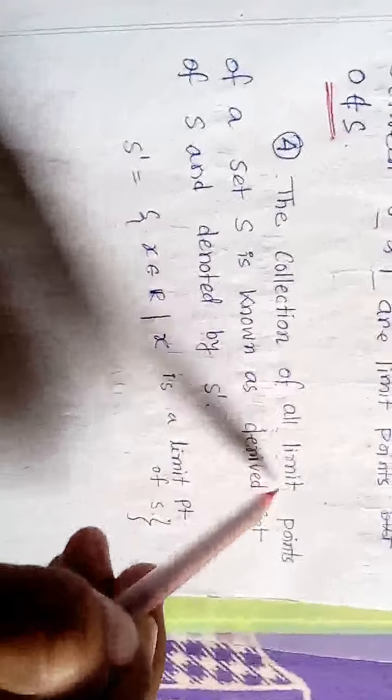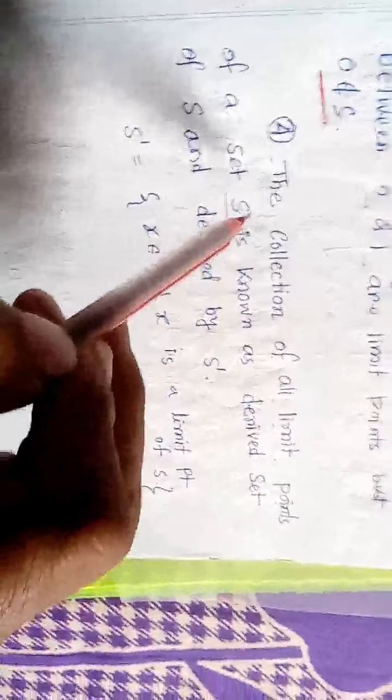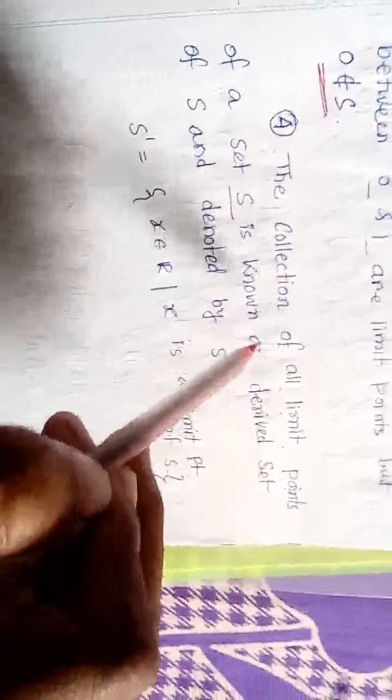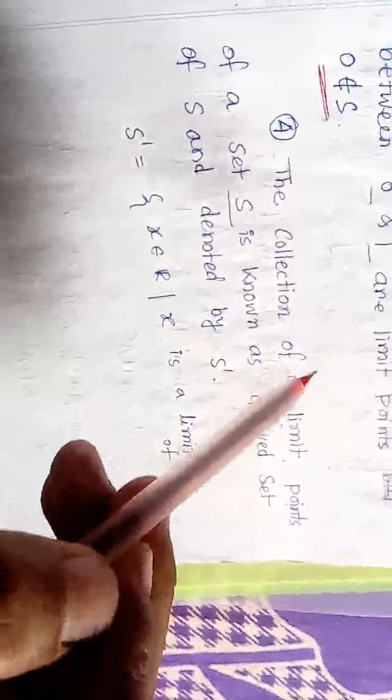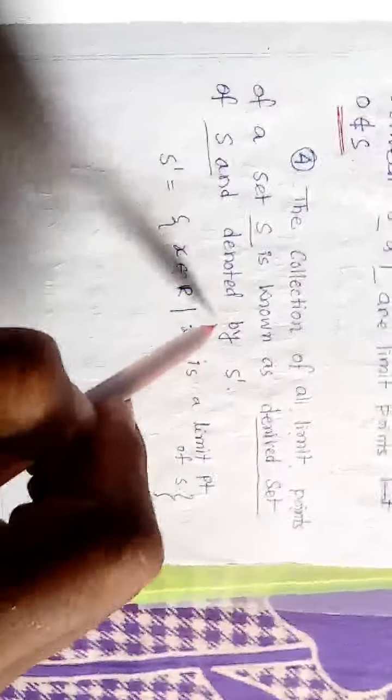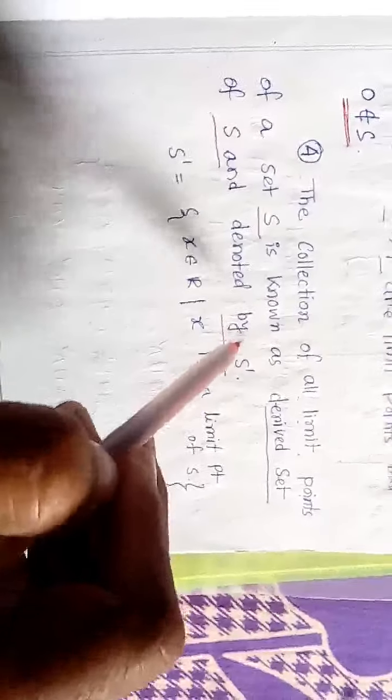Now the next concept is the collection of all limit points of a set. If we collect all the limit points, we find a set that is called the derived set of S. That is, the collection of the limit points is called the derived set of S and is denoted by S dash.